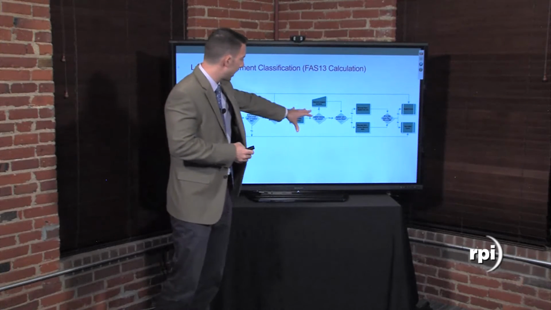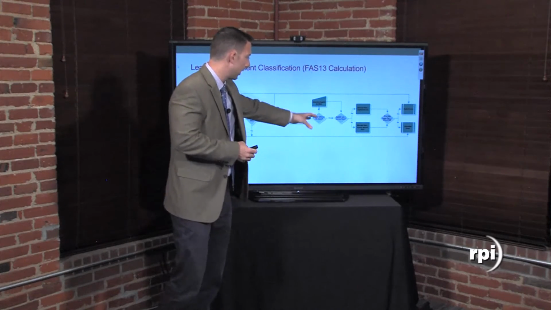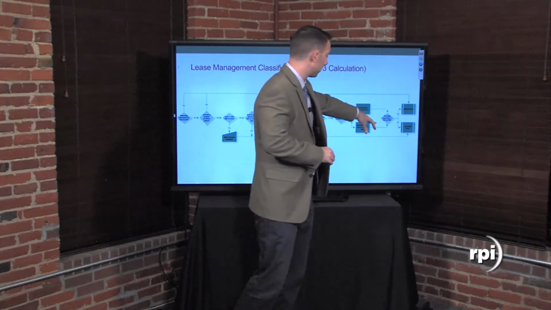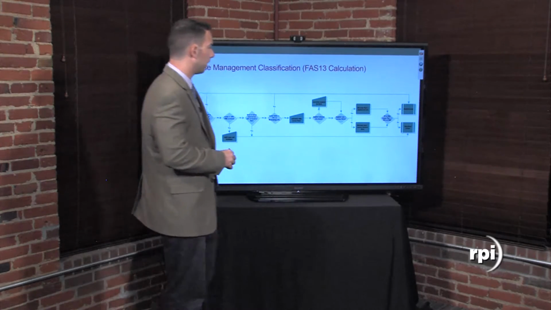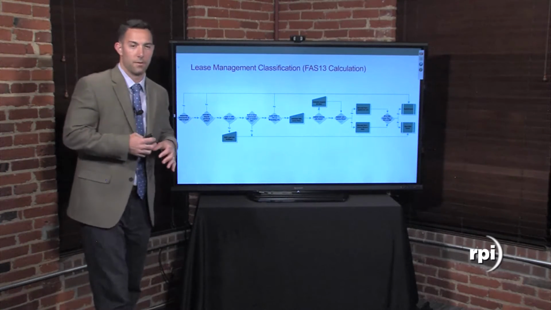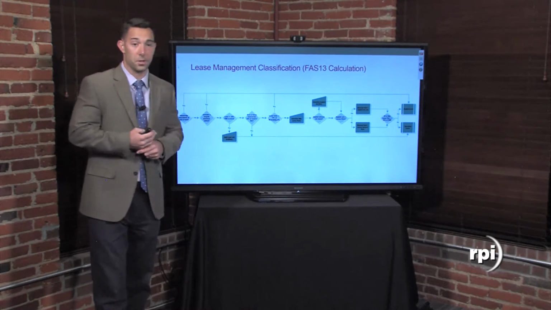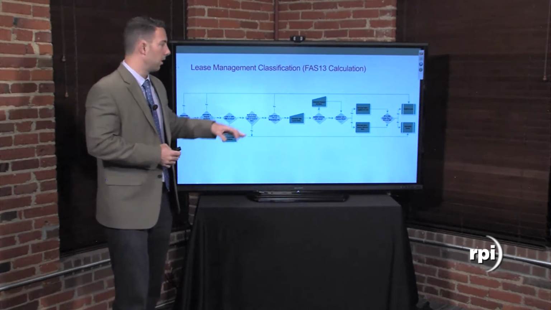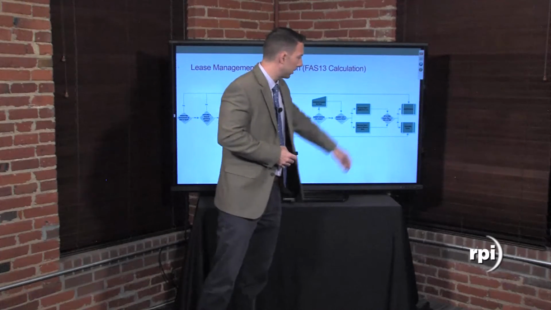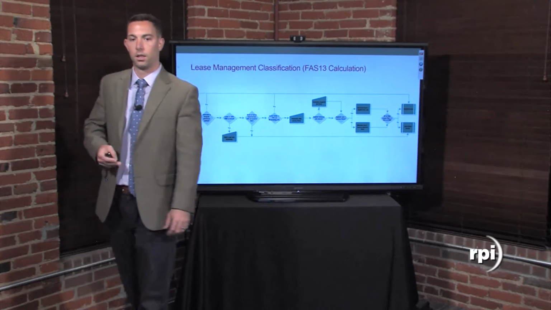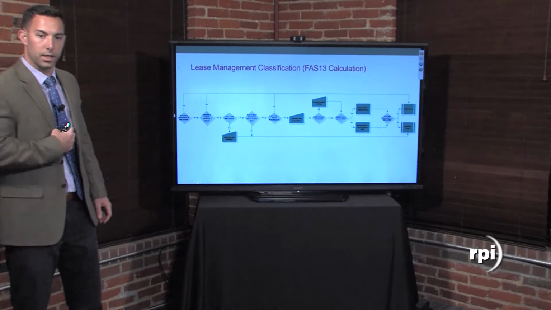And then we have some discount rate calculations, and Lawson's going to look at the present value of all the minimum lease payments. If that's greater than or equal to 90% of the fair market value of that lease, then that's going to put it into the capital lease bucket. If not, then it'll be an operating lease.